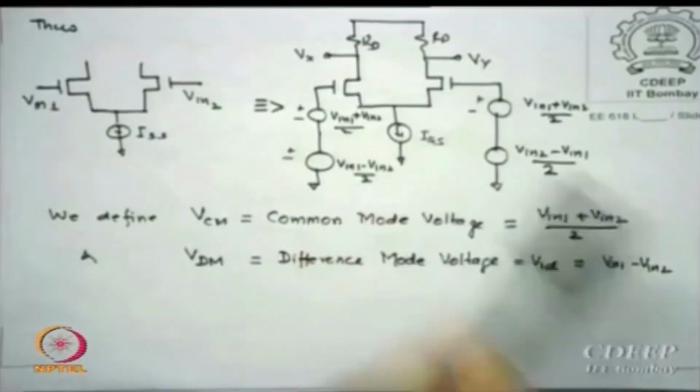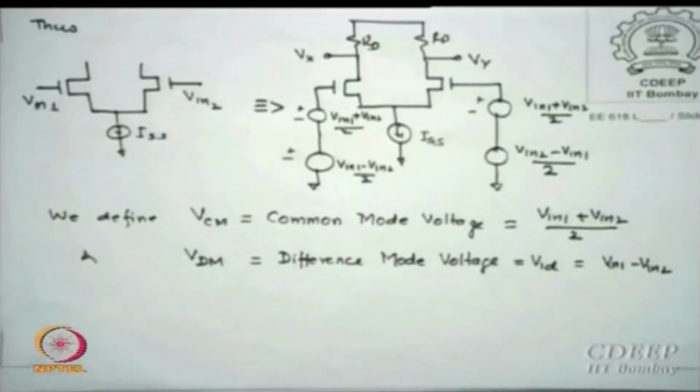Then we define a common mode voltage Vcm as the average of Vn1 and Vn2, and the difference mode signal as Vn1 minus Vn2, is that okay? So I am not saying anything special about the signals; whichever they are, I will break them into equivalents which always give some common mode signal and some difference mode signal.